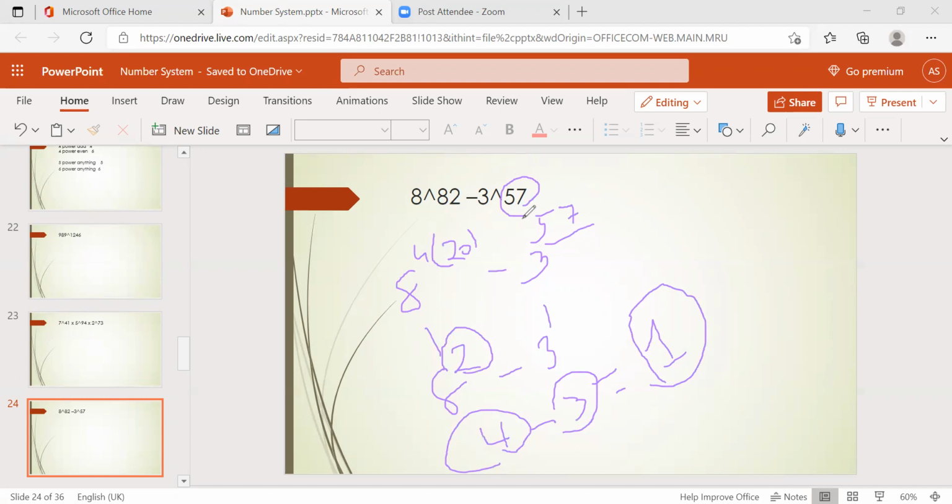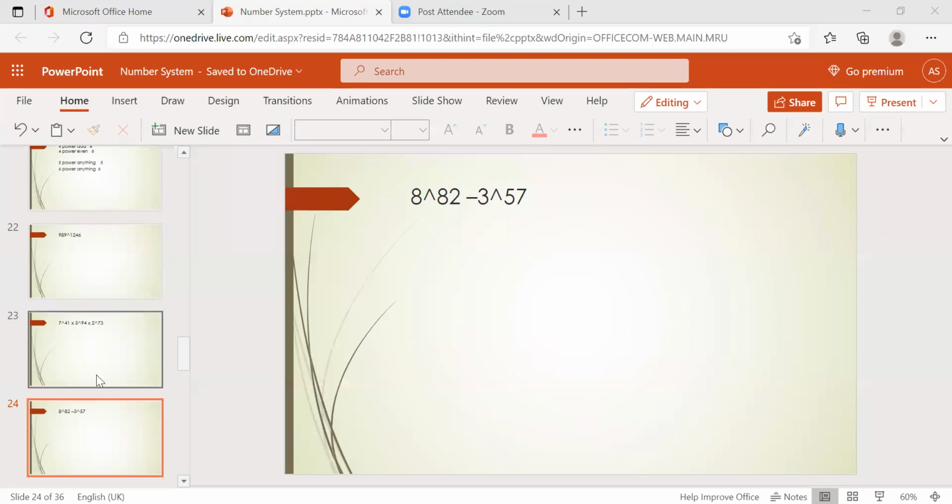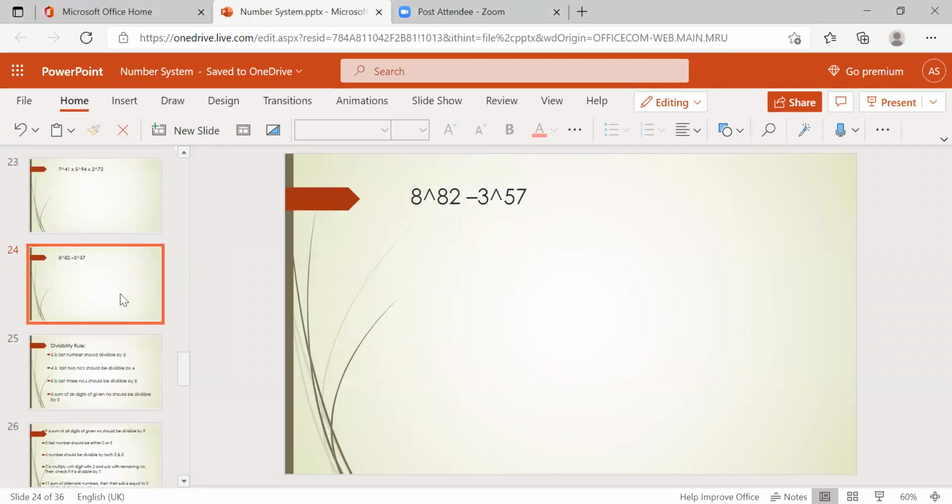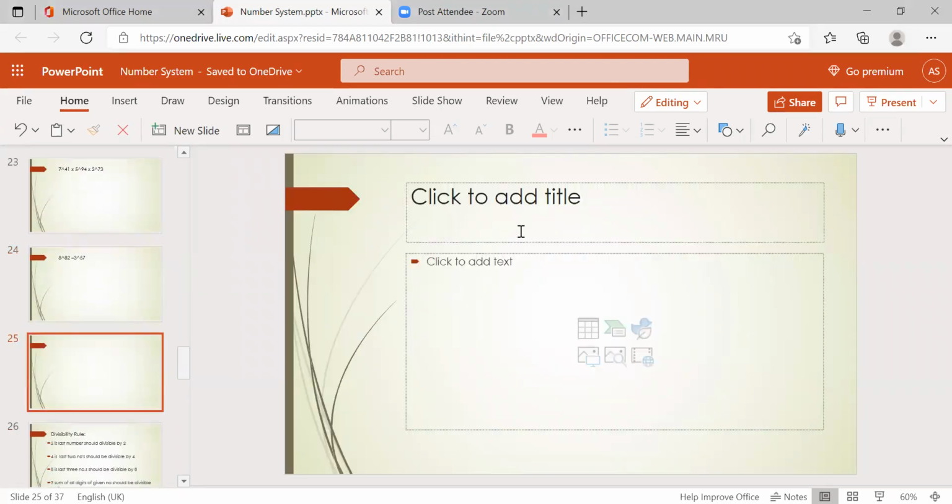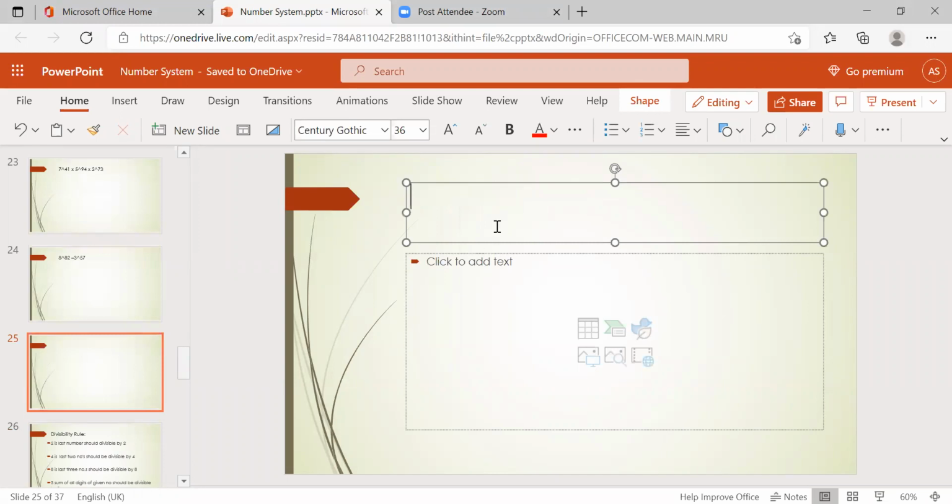Now check with another numbers. Check with another problem also. So if you are solving more number of problems, then you can easily identify the numbers. So don't think that problems will get easy. Problems will get difficult only.